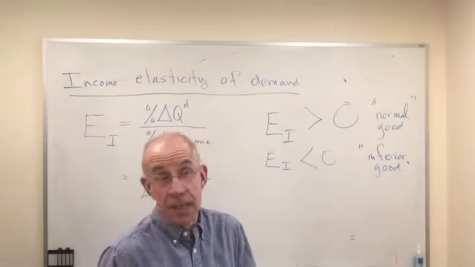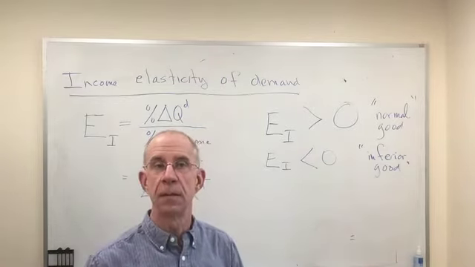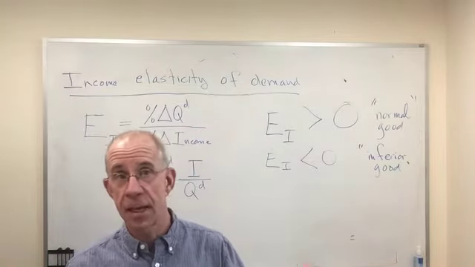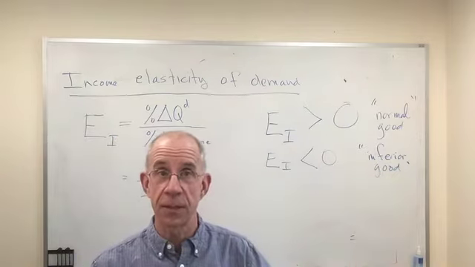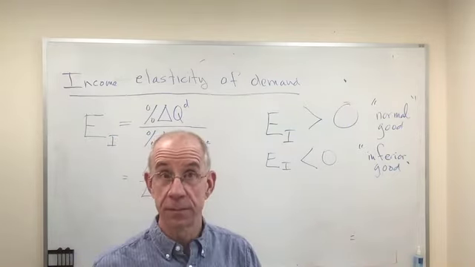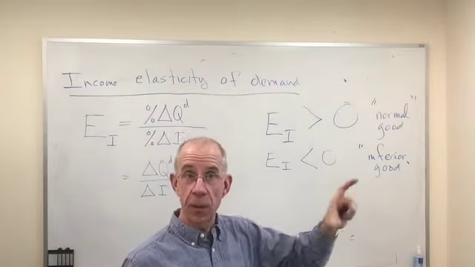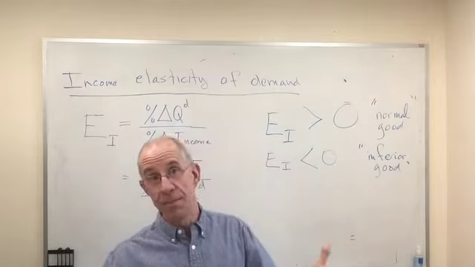So it would be a normal good for low levels of income. You want to buy more of it if your income goes up. But if you're making $100,000 a year, or $200,000, or $500,000 a year, you're going to buy less of it. So whether the good is inferior or normal depends on your level of income in many instances.